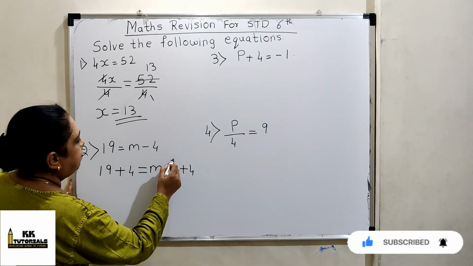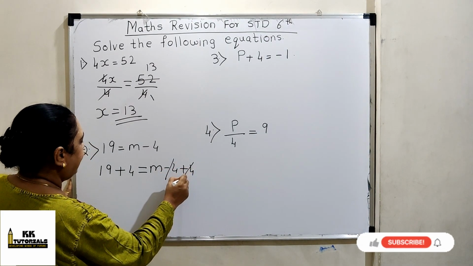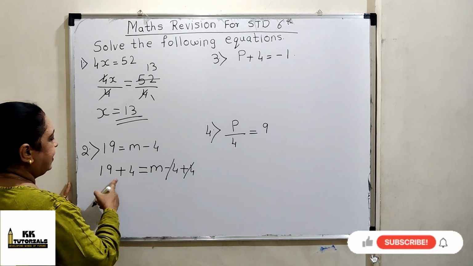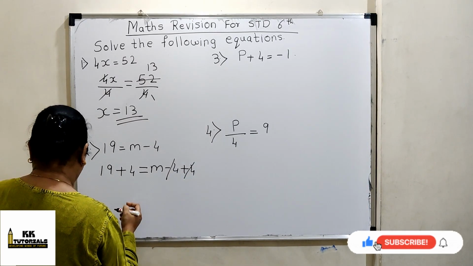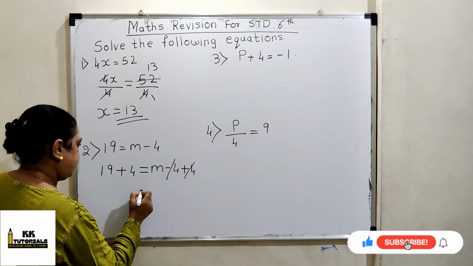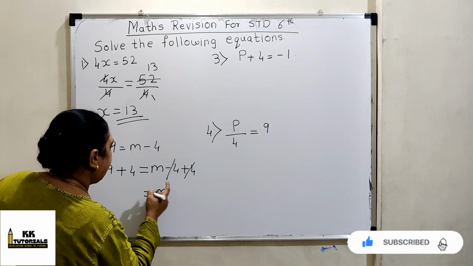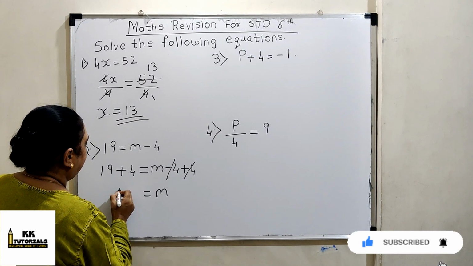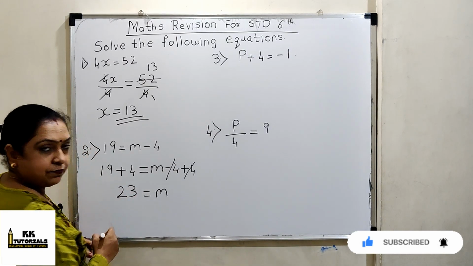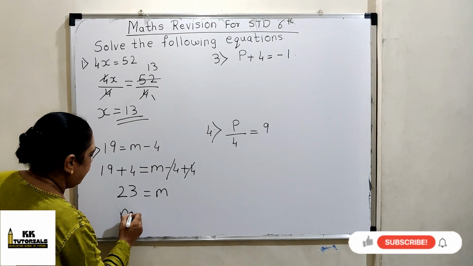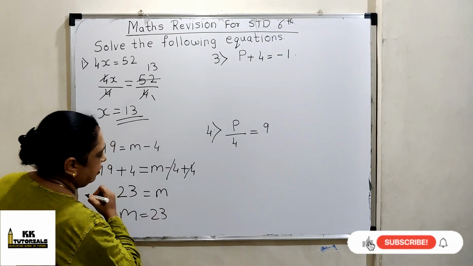Now minus 4 and plus 4 will get cut. So 19 plus 4 is how much? m is equal to 23. Or you can write this way also, m is equal to 23.